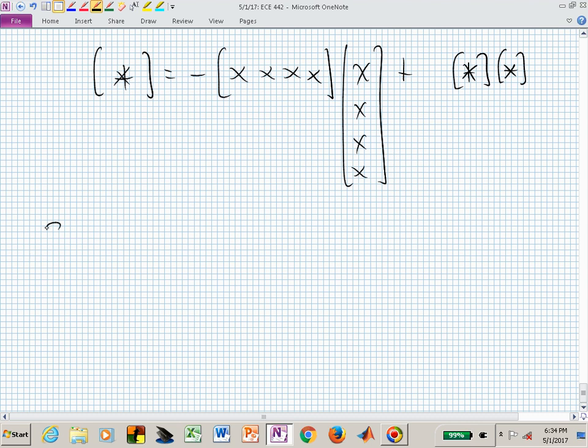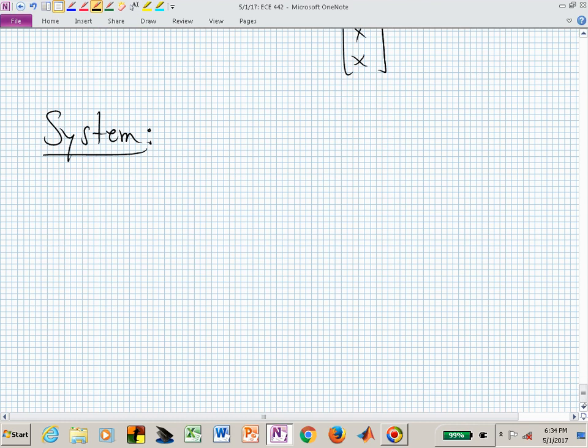Let's now work through these equations algebraically, or with the matrix notation. Our system hasn't changed. It's still a state space representation.